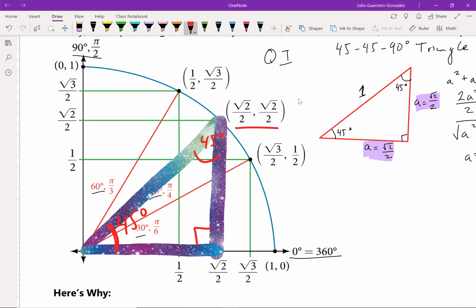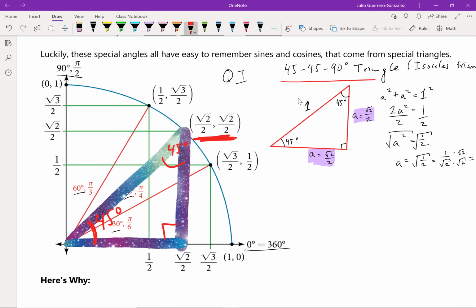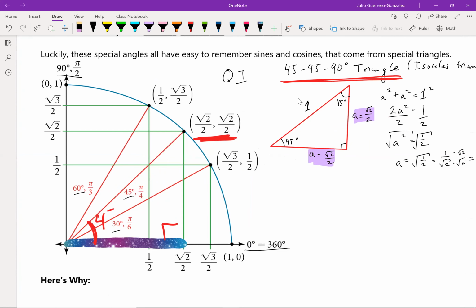And that's how we get our coordinate for 45 degrees. It's root 2 over 2, comma root 2 over 2. Okay? And that comes from the 45, 45, 90 triangle, right? So, now, this one right here is done.